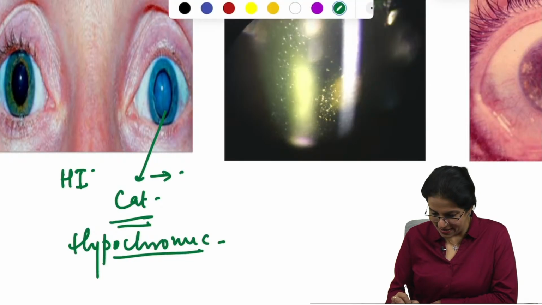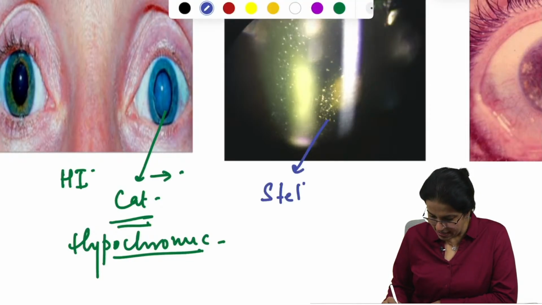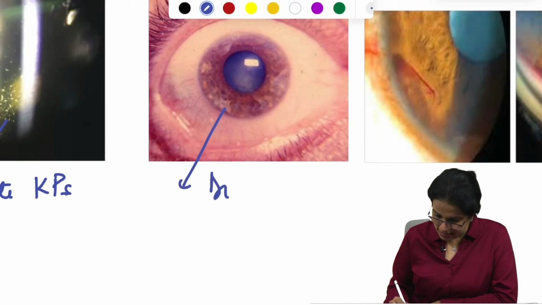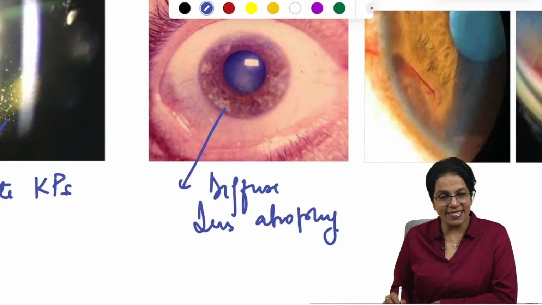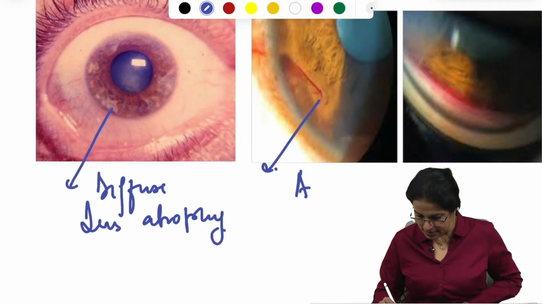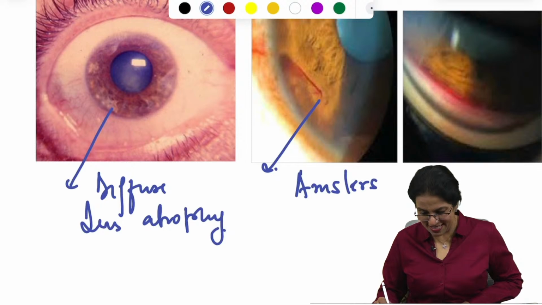Secondly, these are stellate KPs with feathery ends. Then I can see this diffuse iris atrophy. Because of this diffuse iris atrophy, there are exposed blood vessels. Therefore, when I do a paracentesis, I can see bleeding on paracentesis, which is called Amsler's sign.